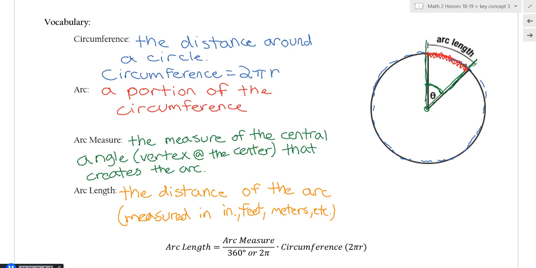So the measure of the arc is an angle. The length of the arc is what you would actually think of, like you can measure it with a ruler, or like we did with a piece of string.